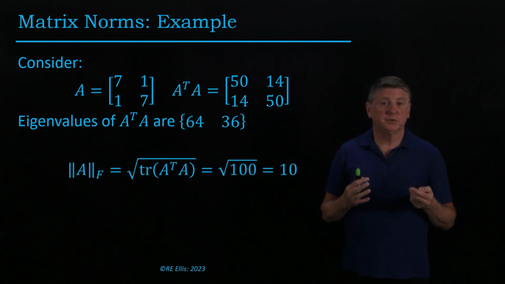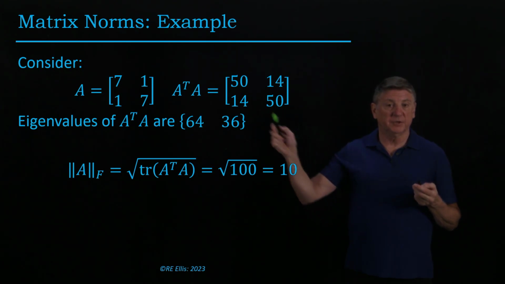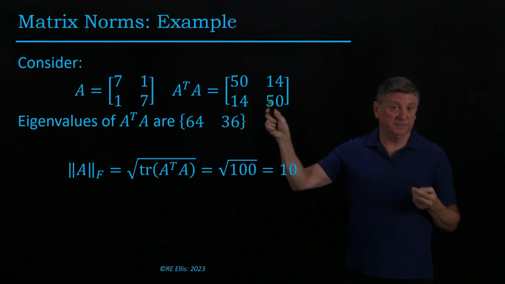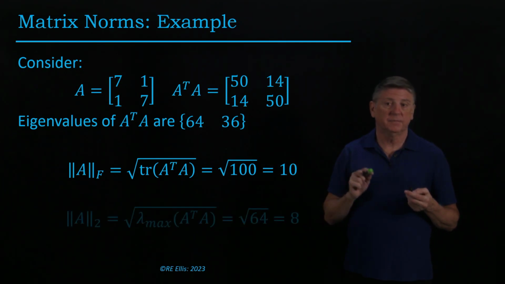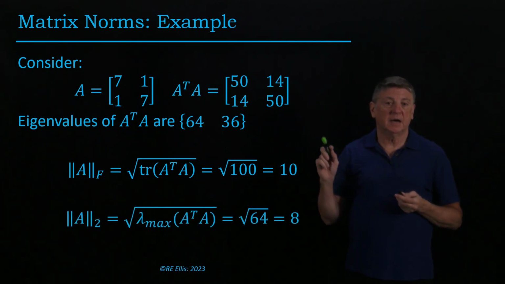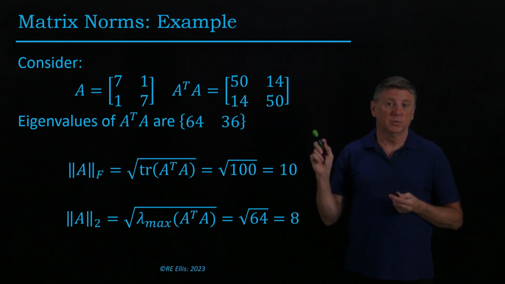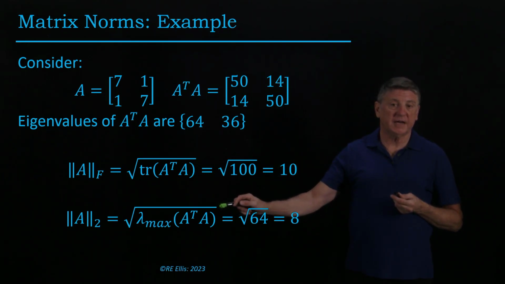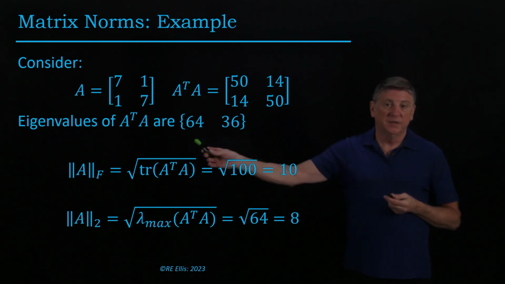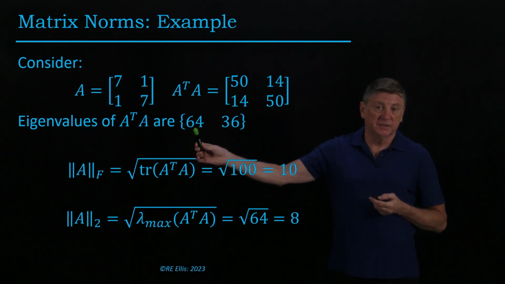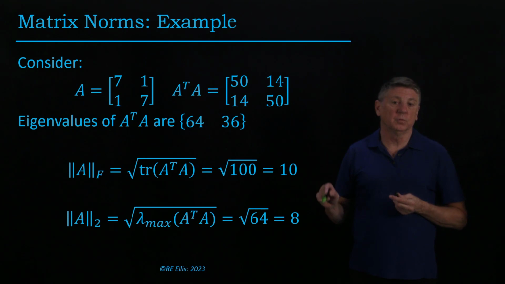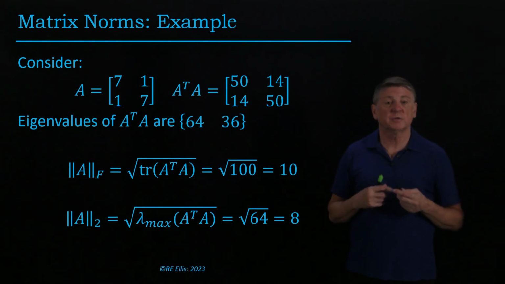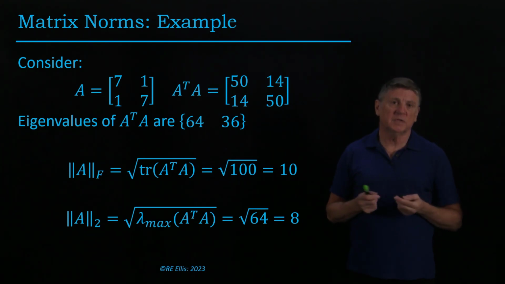So the Frobenius norm is the square root of the trace, which is 50 plus 50, so that's the square root of 100, which equals 10. And the L2 or spectral norm of this is the square root of the largest eigenvalue of A transpose A. The largest eigenvalue is 64, so the square root of 64 is 8. So these norms for this simple matrix are returning different numbers, and in general that's going to happen.